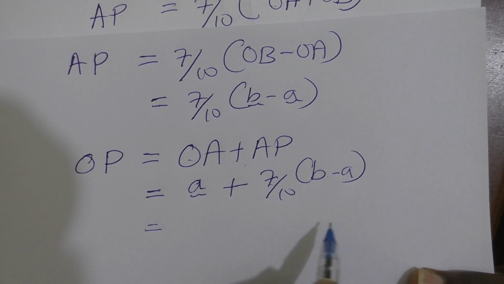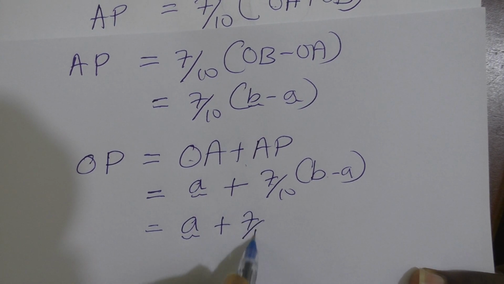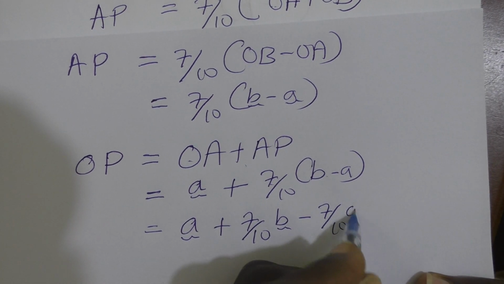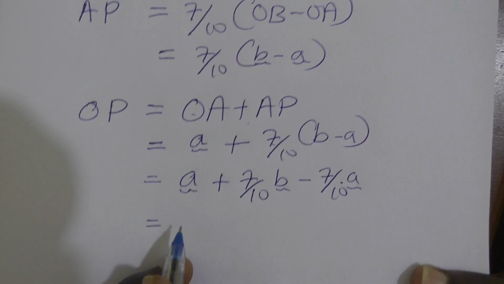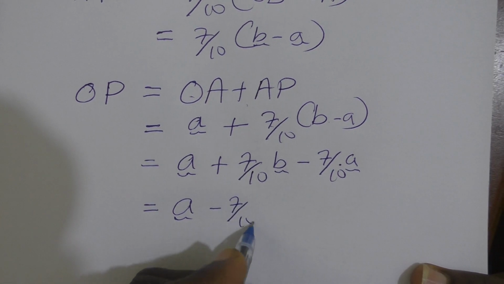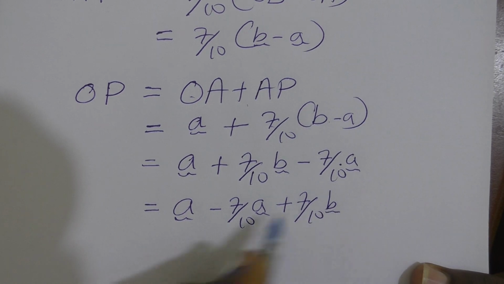Open bracket, simplify. This is vector A plus 7 over 10B minus 7 over 10A. Bring like terms close. So that is A minus 7 over 10A plus 7 over 10B.